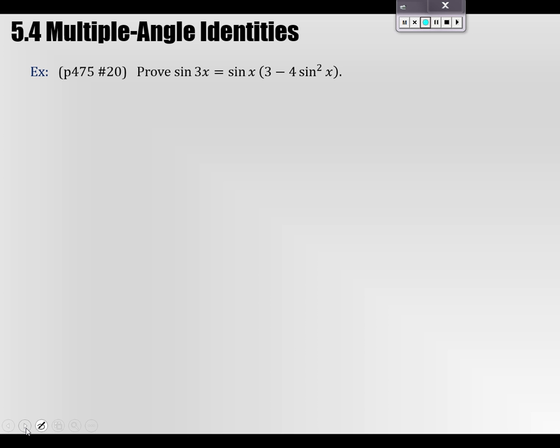So here we go. Using the sine sum formula. And now I'm going to use the cosine and the sine double angle formulas to resolve these two expressions. So this is 1 minus 2 sine squared x, one of the ways you can write that. And over here, this is 2 sine cosine.